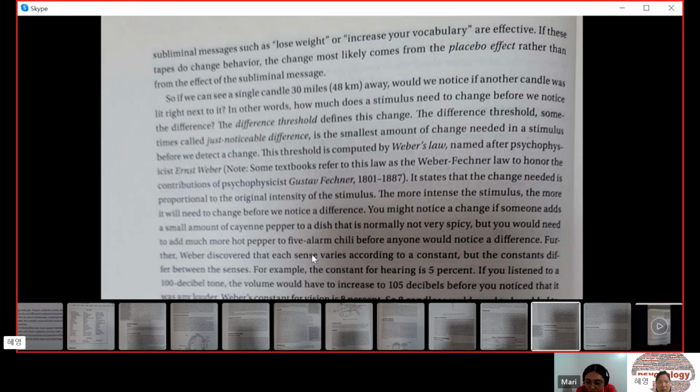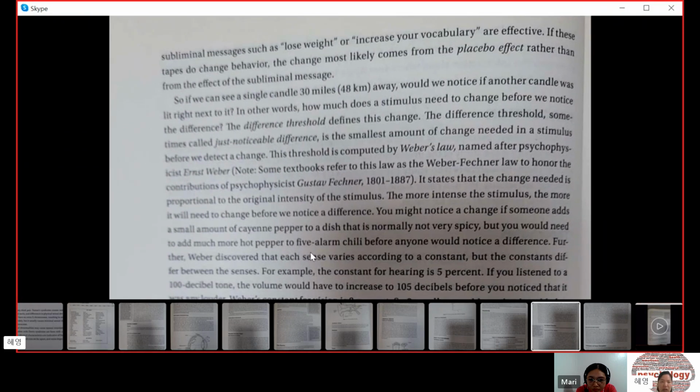So subliminal messages such as lose weight or increase your vocabulary are effective if these tips change behavior, the change most likely comes from the placebo effect rather than from the effect of subliminal messages.